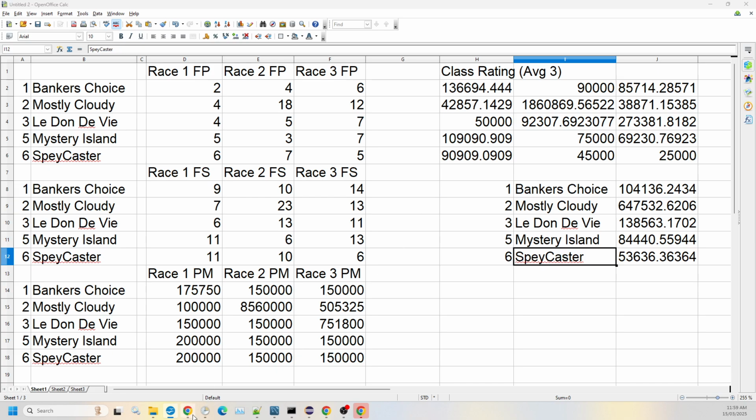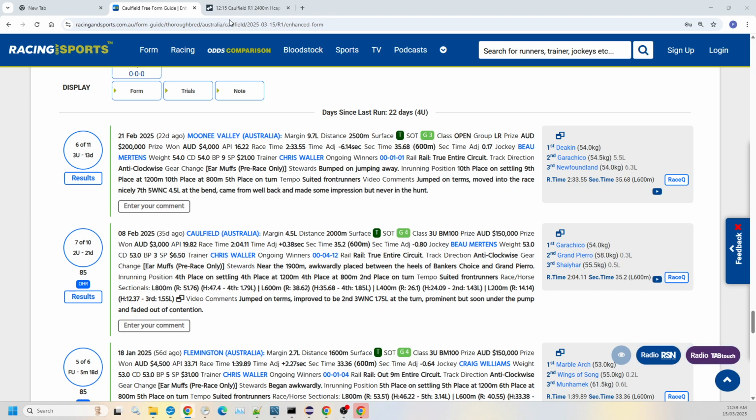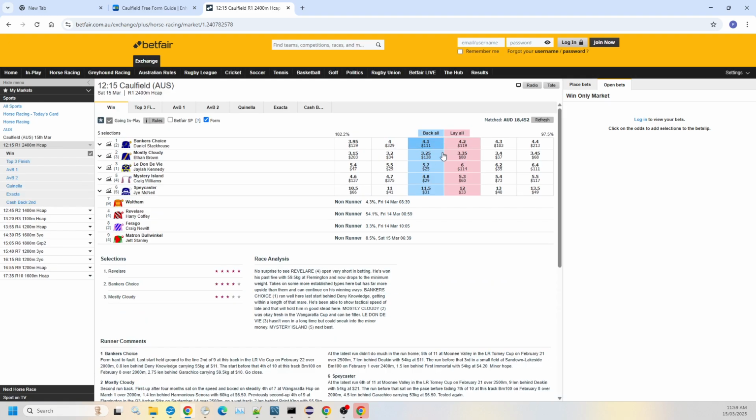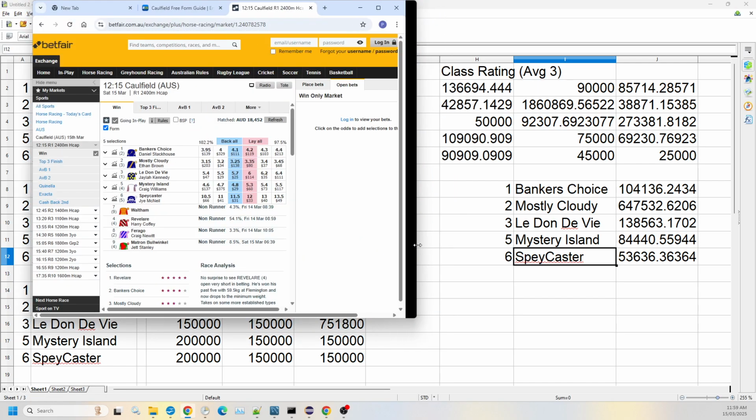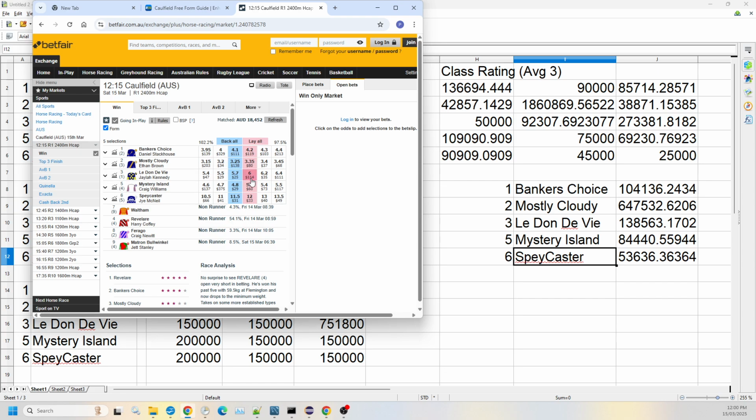So from that point, you kind of want to go have a look at the selections and the prices that are in the market. Just reload that market. And if we have a look here, just going to bring this back so we can see it all together. Mostly Cloudy is the favourite here.